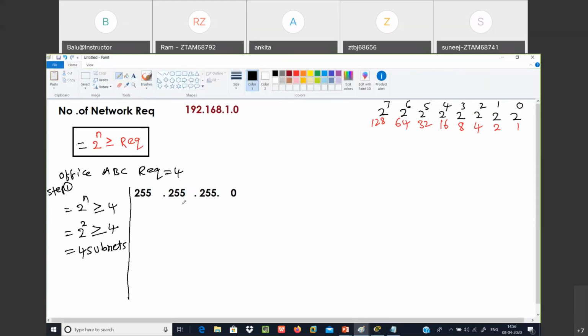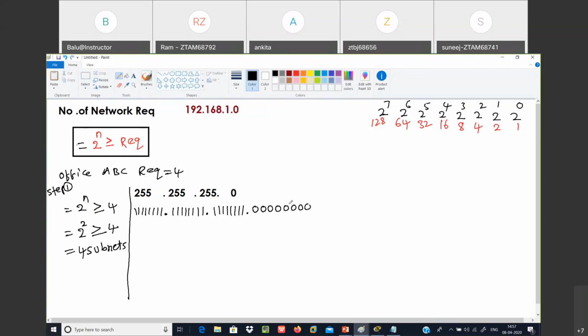Can you tell me 255.255.255.0 in binary language? 255 means 8 ones. 1 2 3 4 5 6 7 8 dot 1 2 3 4 5 6 7 8 dot 1 2 3 4 5 6 7 8 dot, then zeros, 1 2 3 4 5 6 7 8.